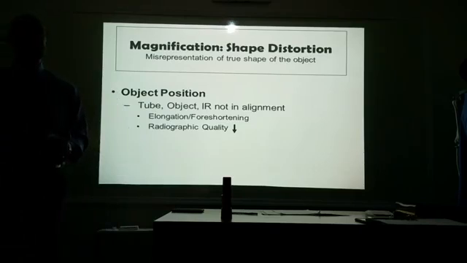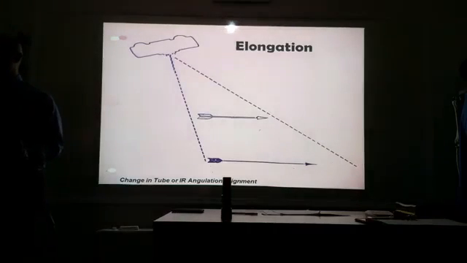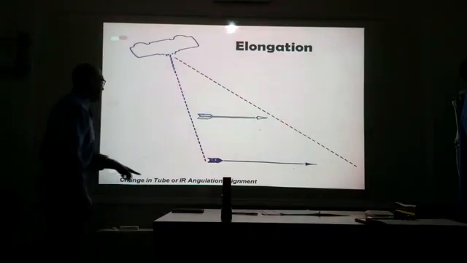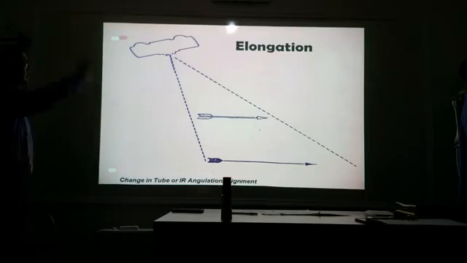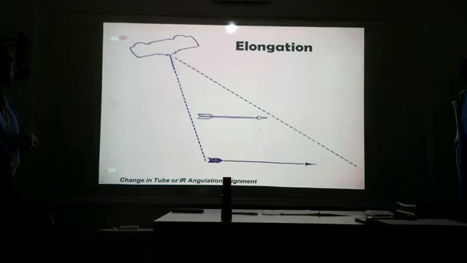It will result in either elongation or foreshortening. Here is elongation. Elongation occurs when there is a change in your tube alignment. Instead of it being straight up and down, the tube is coming in at a different angle, causing elongation of the object being x-rayed. This can also happen if your imaging plate, image receptor, is also at an angle. It results in elongation.